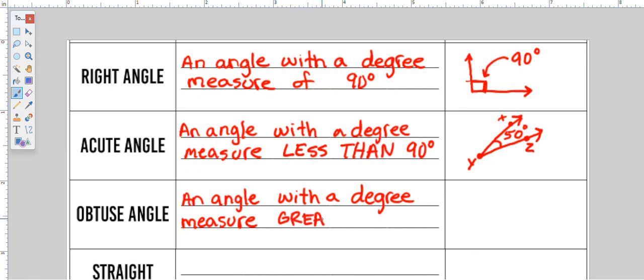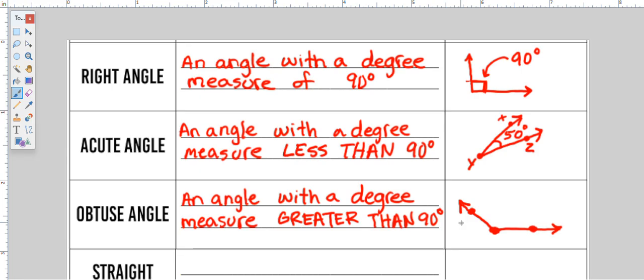Greater than 90. So what those typically look like is something like this. We have those intersecting rays, but they are wide open.